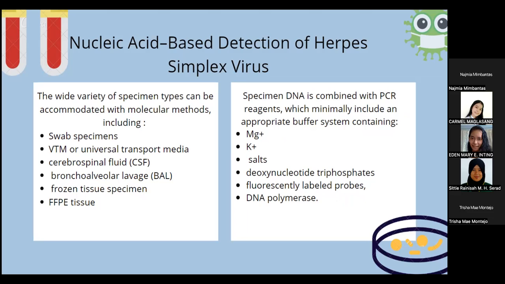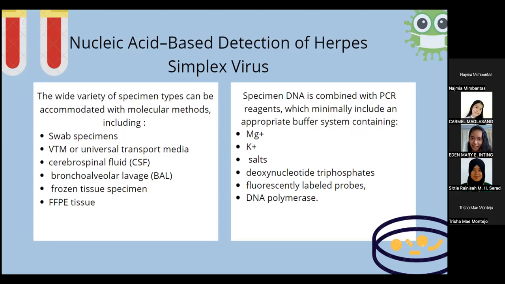Specimen DNA is combined with PCR reagents, which minimally include an appropriate buffer system containing magnesium, potassium, salts, deoxynucleotide triphosphates, fluorescently labeled probes, and DNA polymerase. So take note of the part that specimen DNA is combined with PCR reagents.